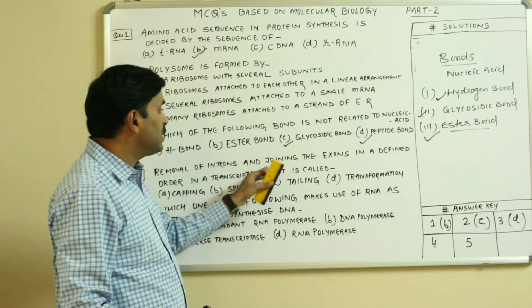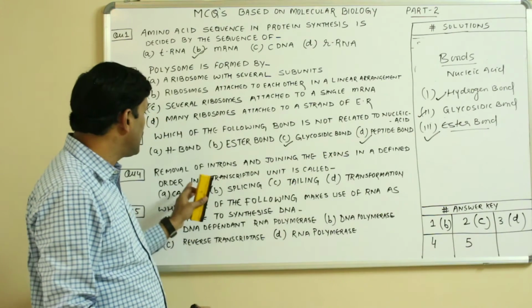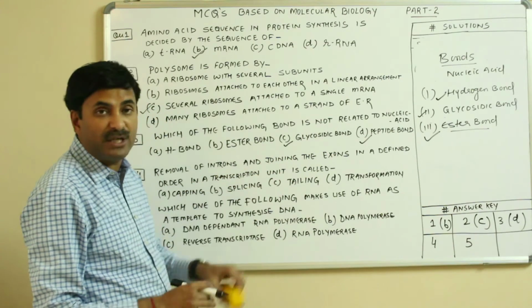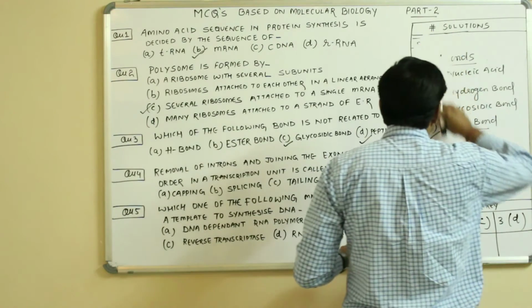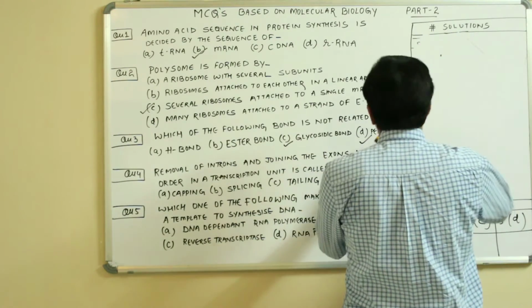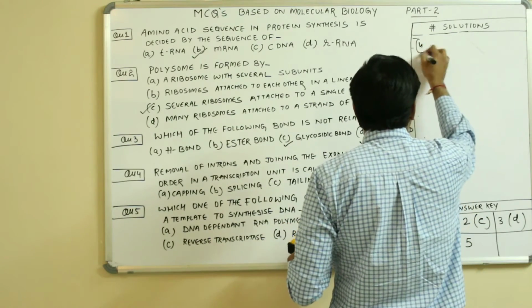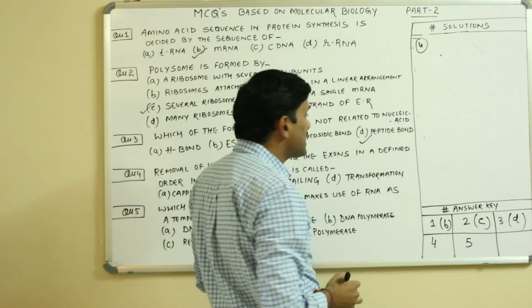Now, removal of introns and joining the exons in a defined order in a transcription unit is called as. What you have to see here, in question number 4, is that the question is about introns and exons.